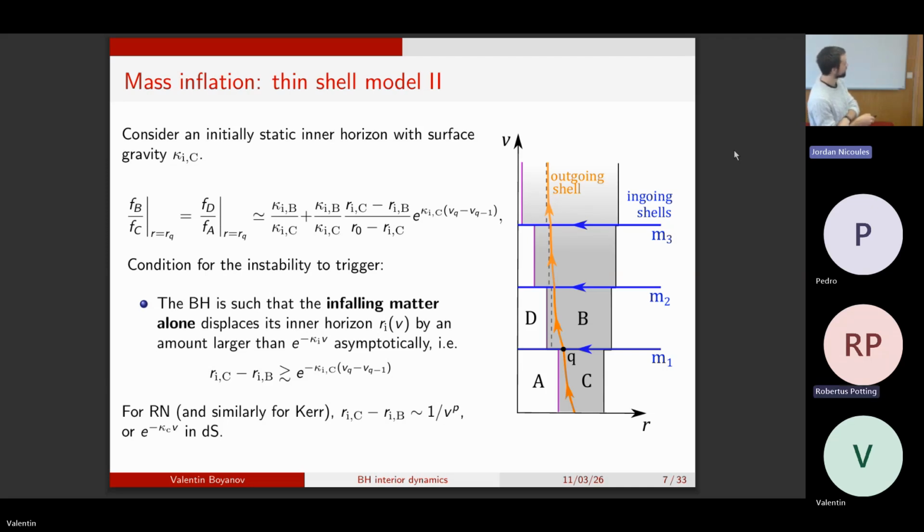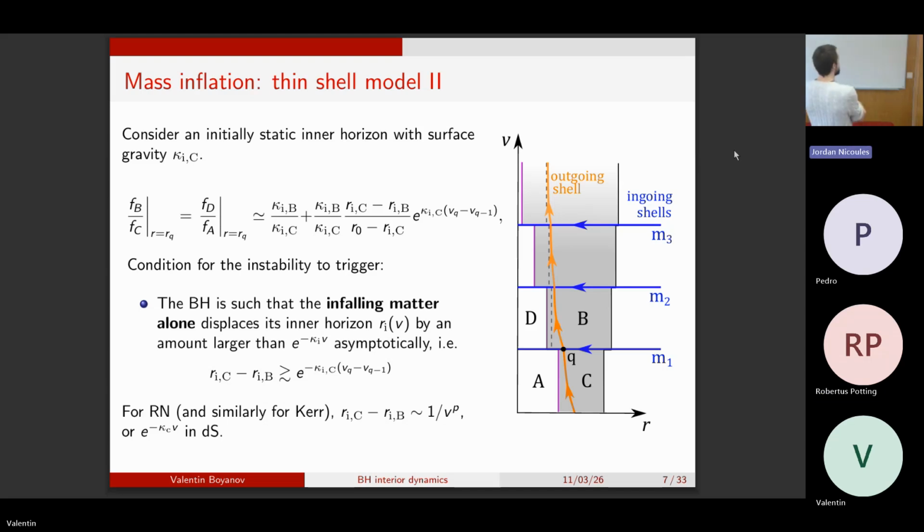and you get overall an average exponential growth of the redshift function, corresponding with the Misner-Sharp mass. It is interesting to note that while this condition is true for, let's say, the Reissner-Nordström black hole and the Kerr black hole, because the relation between the horizon position and the mass is polynomial, you can, in principle, devise some modified gravity regular black hole model in which this condition isn't satisfied and in which this nonlinear mass inflation effect would not happen.